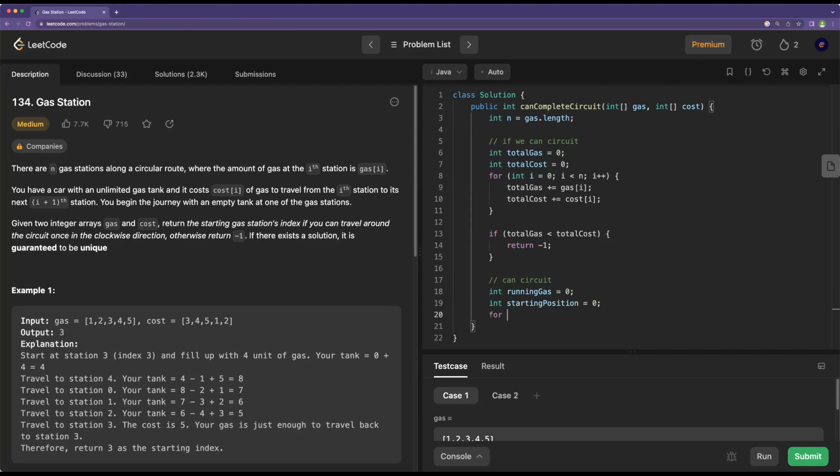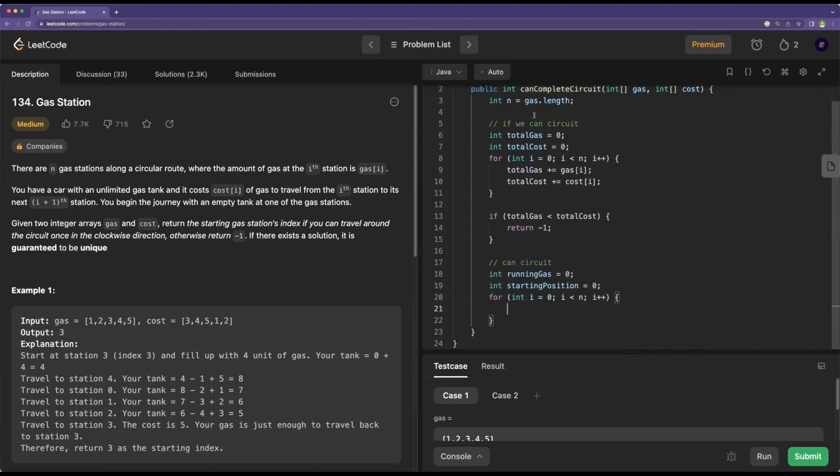So now we again loop on the gas stations, and here we increment the gas. So what will be the gas now? The gas will be, we add the gas and we subtract the cost.